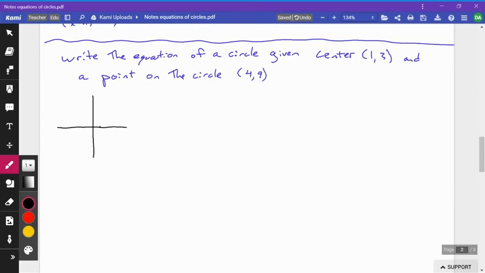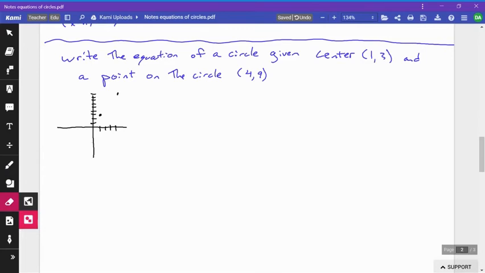Which, if I have a center at 1, 3, it's going to be here. I have a point on the circle at 4, 9, that's going to be up here. So basically I have the center, I have a point on the circle, and then I'll have some kind of circle. But that's not too good, so I'm going to get rid of it.